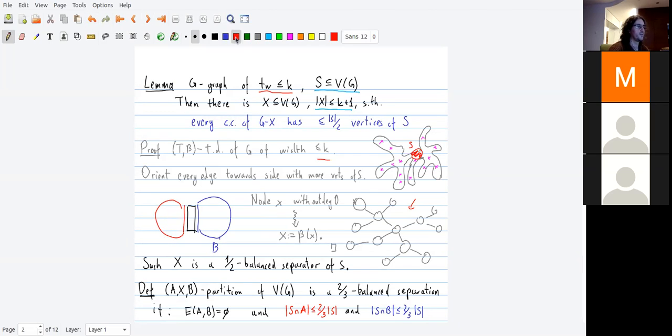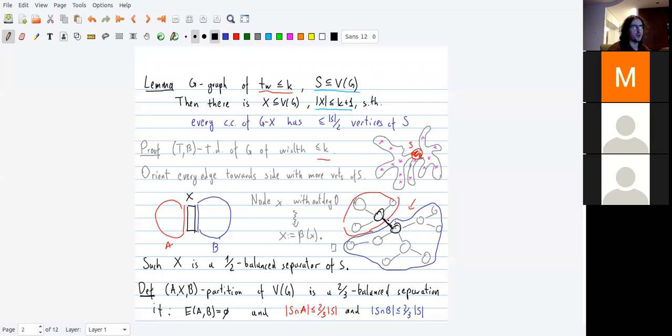So here B, here A, and separator X, which is the adhesion at this edge. A consists of all the vertices that live only in this part of the graph. B corresponds to all the vertices that live only in this part of the decomposition. And the adhesion are the vertices that are both in this bag and in this bag.